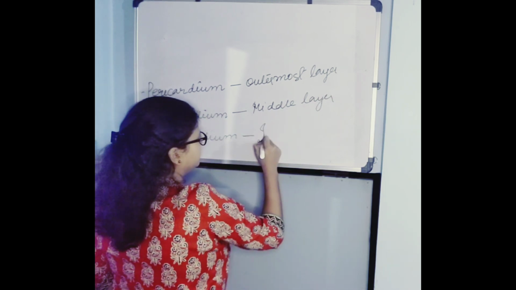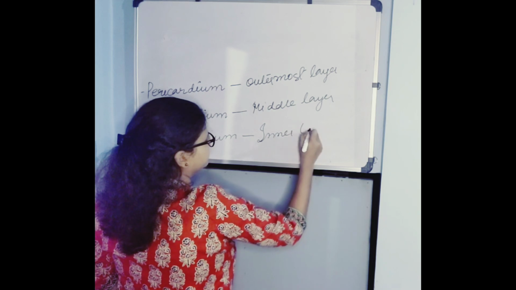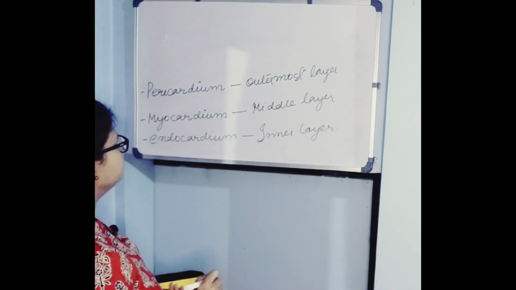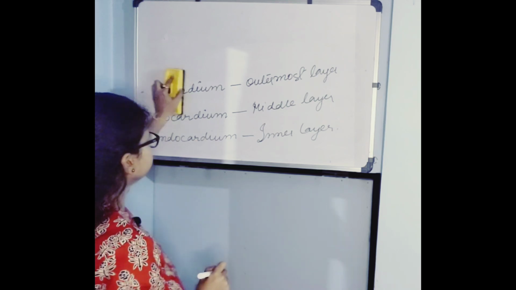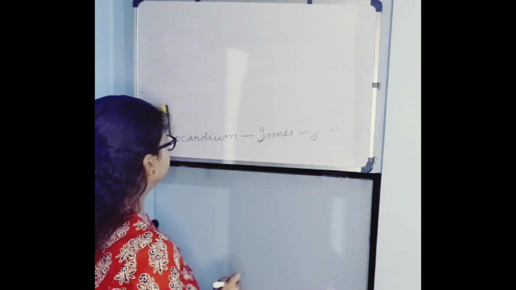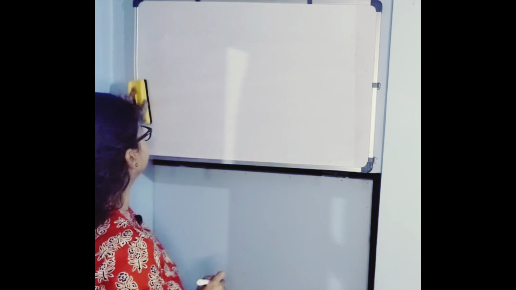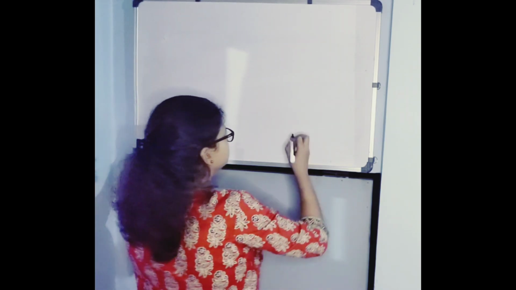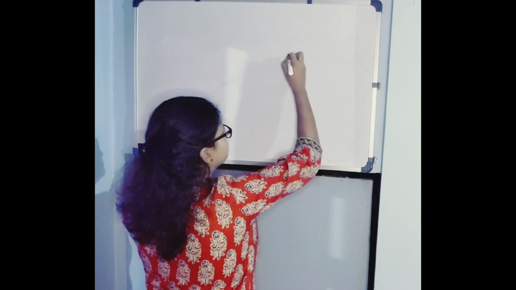Endocardium is the inner layer. Okay, we will be starting with the pericardium now. So let's look at a structure of the wall of the heart.